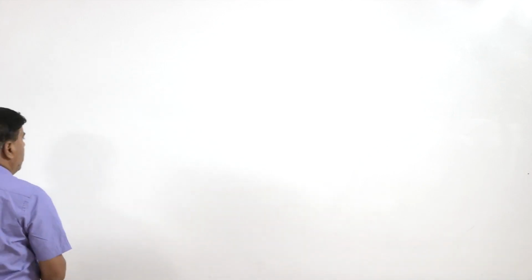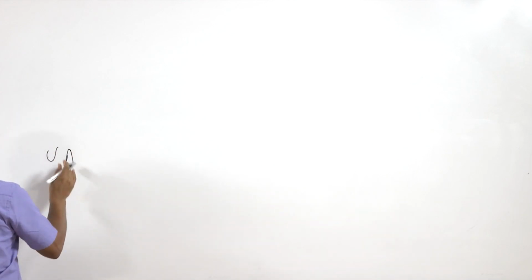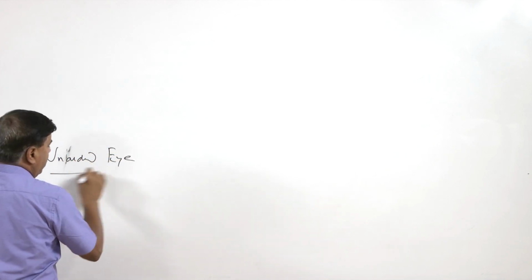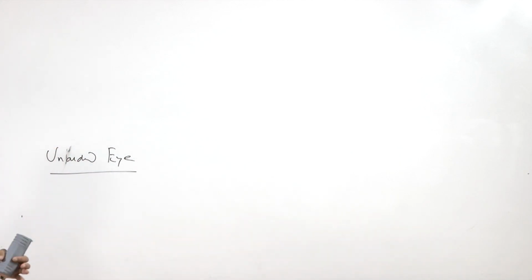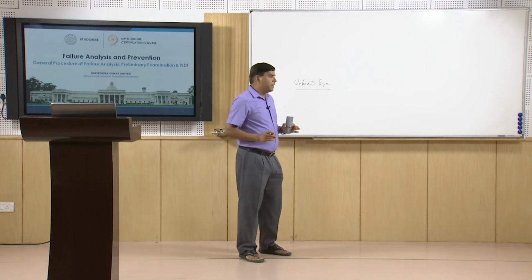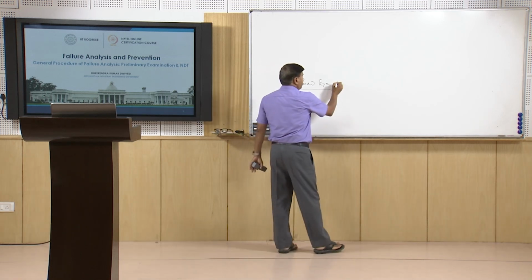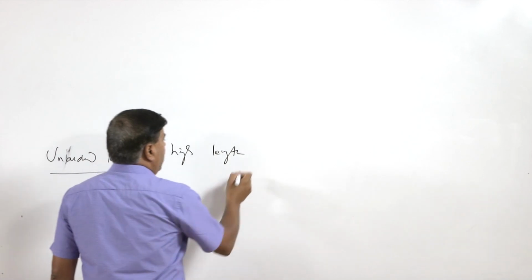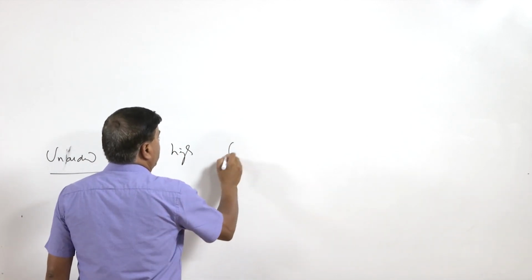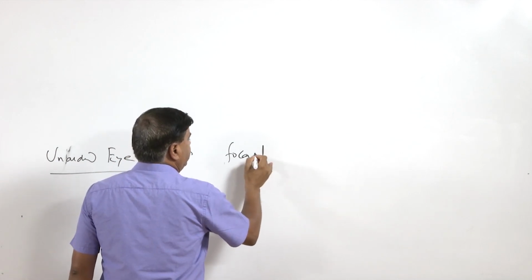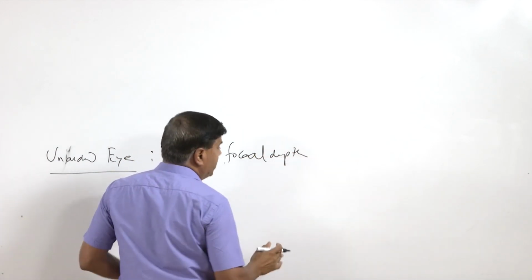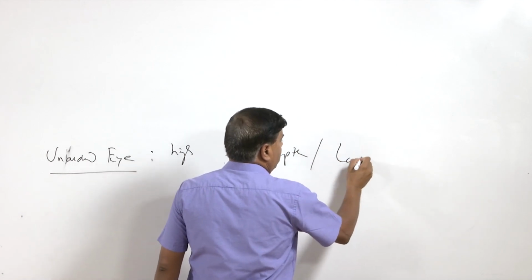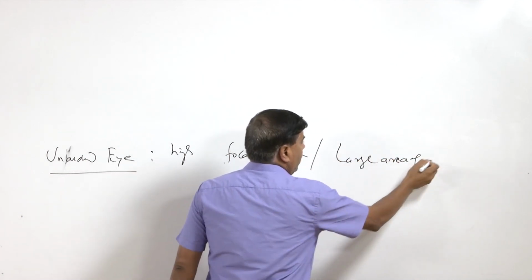So, the use of the unaided eye for the preliminary examination of the failed part offers one main advantage over the other techniques: it has a very high focal depth, or ability to focus over a wide range of depth, and it can cover a large area of the failed part.